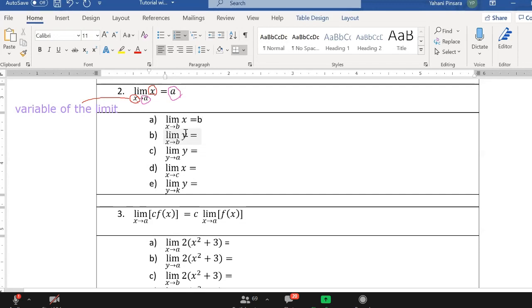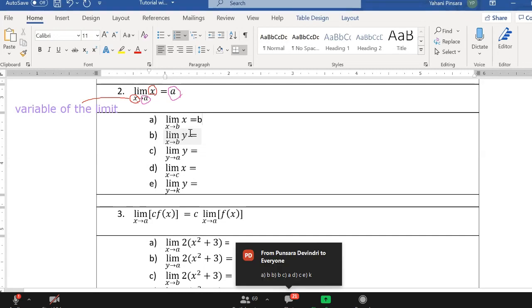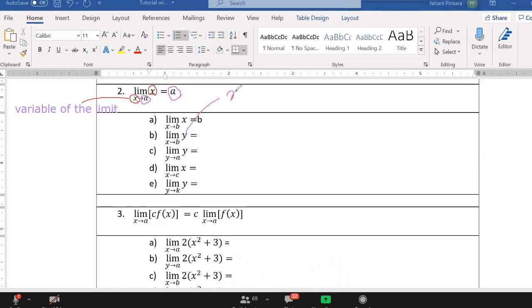So what happens is, this y is becoming a constant. So here y doesn't include x. X is not there.